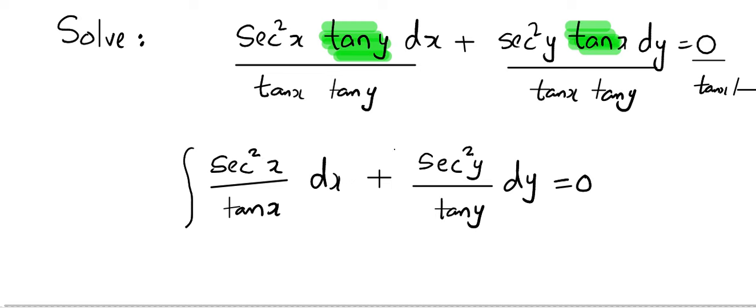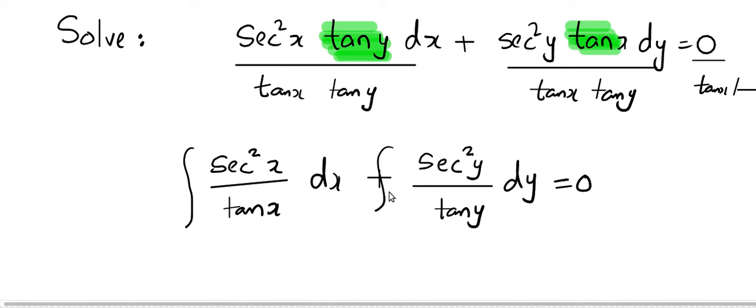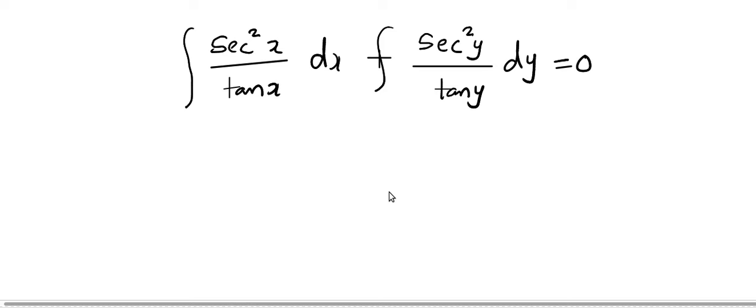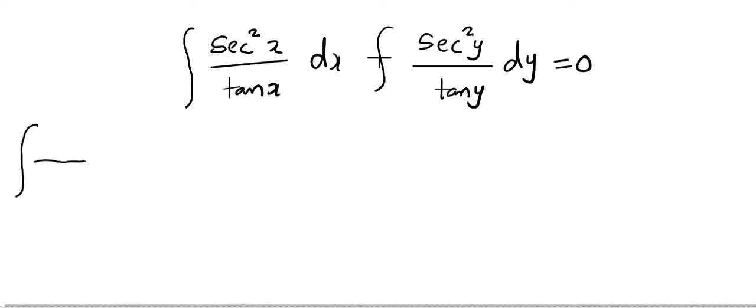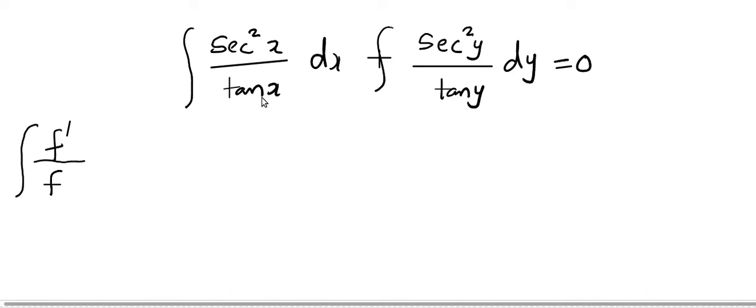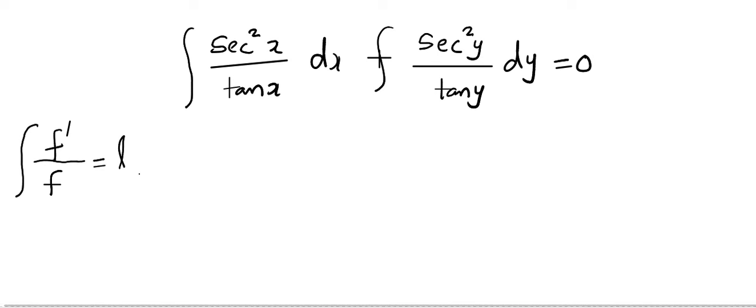Okay, now time to integrate. I hope you remember your integration formulae from your basic level. So look at this, we have some standard integrals. If the derivative of the denominator is the numerator, for example, look at this question, tan x and the derivative of tan x is sec square x, then our integral value will be log f, anyway by log I mean natural logarithm, ln f plus c.